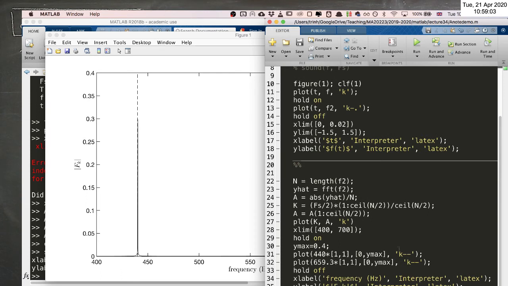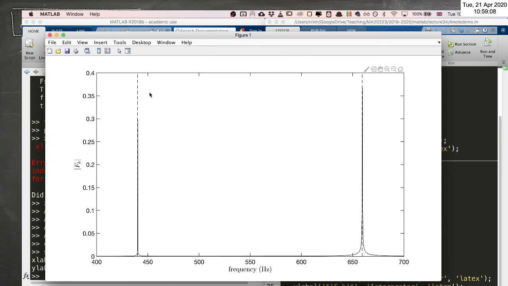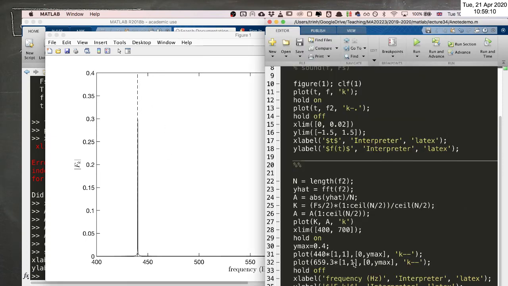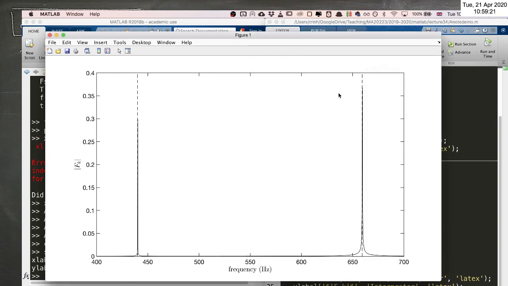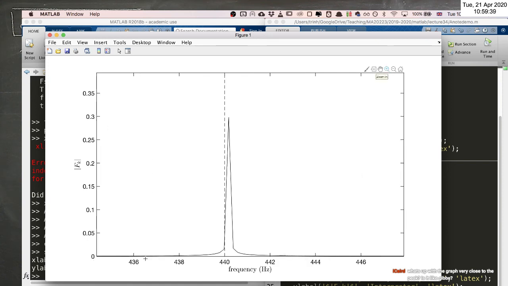So, in this picture, the dashed lines in the code, if you look at the code here, I've simply marked for you where the locations are, 440 hertz and 659.3 hertz. So the dashed line, if I zoom in here to the picture, there you are.